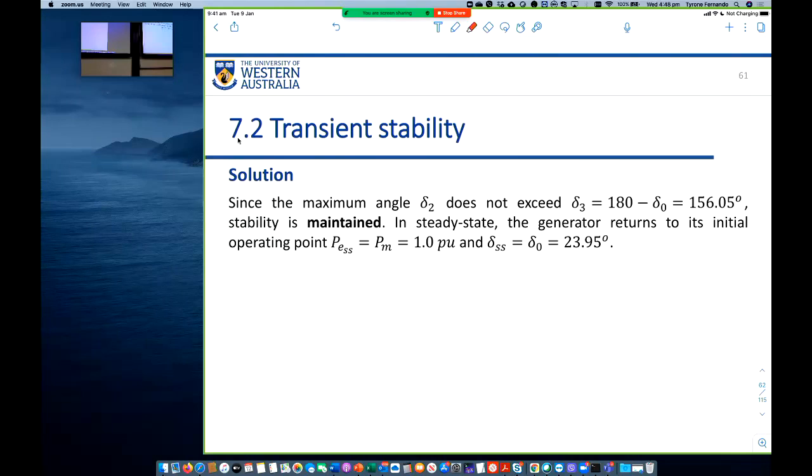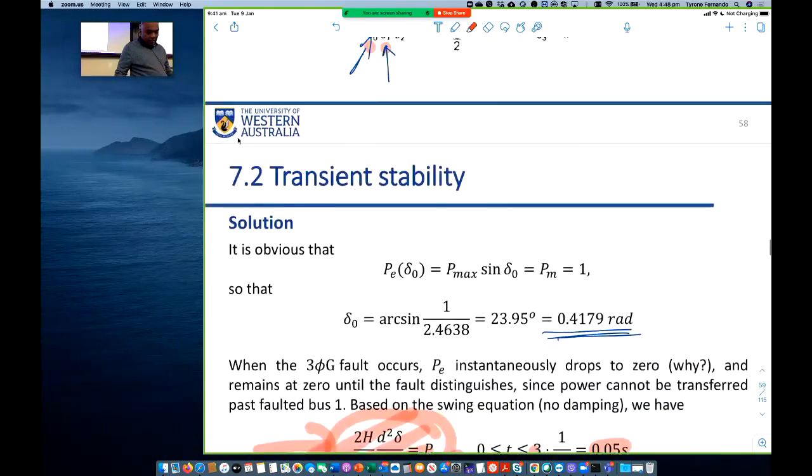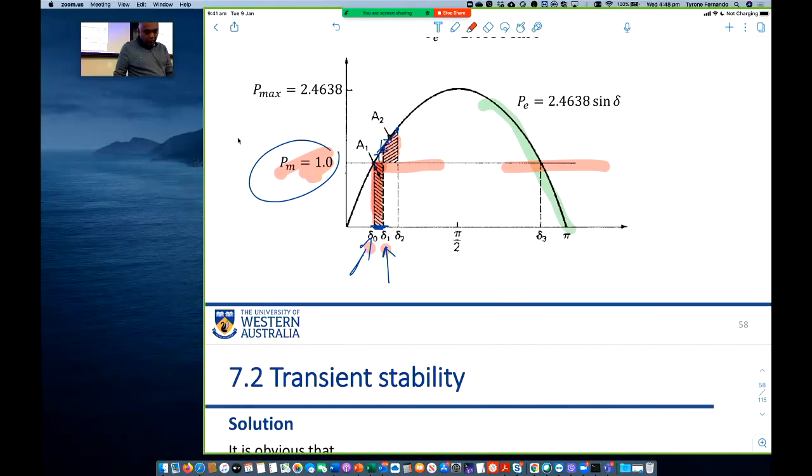After the disturbance, the system can return to a stable operating point. Because if this point here goes past delta 3, then it's unstable. Delta 3 is essentially 180 minus delta naught. Okay.